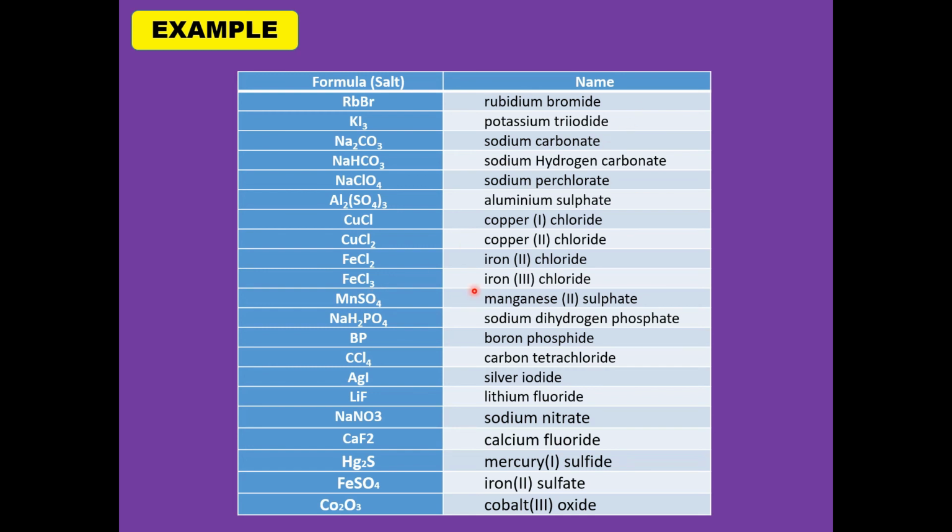The name is iron(III) chloride. NaNO3: sodium nitrate. FeSO4: iron(II) sulfate.